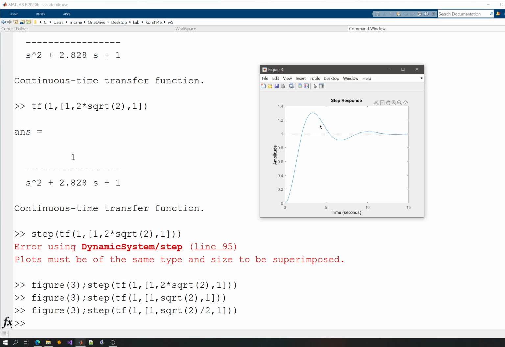You can see that no one in their right mind would want a system that looks like this, unless it is a special application. But if you have a car, or let's say a temperature control system, a liquid control system, it doesn't look ideal. It shouldn't overshoot, or it should have a special overshoot that has some reason behind it.